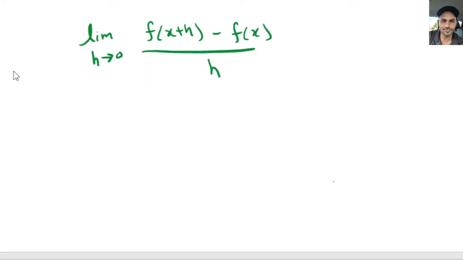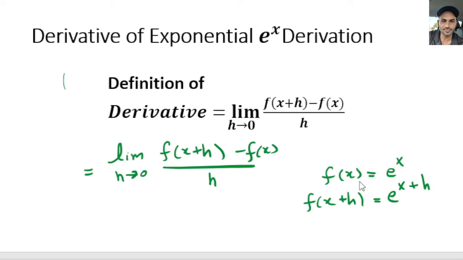So we have limit as h goes to 0 of f of x plus h minus f of x over h. And we already know that f of x is e to the x. We're using e to the x, and so f of x plus h is going to be e to the x plus h.